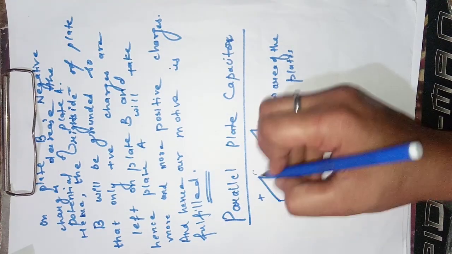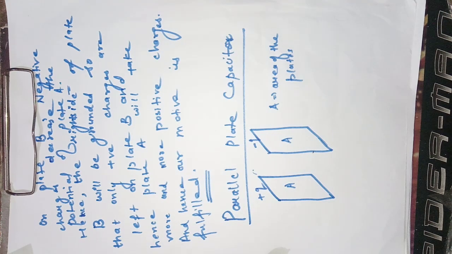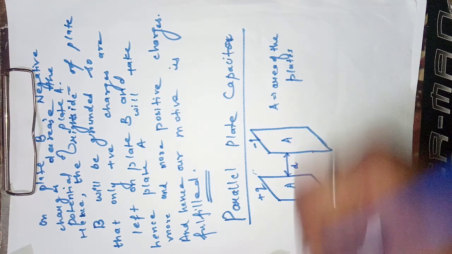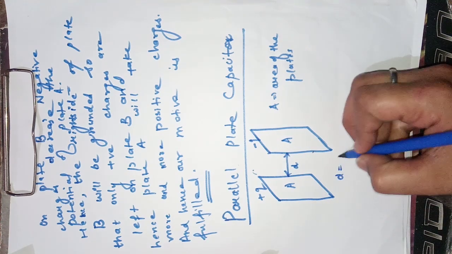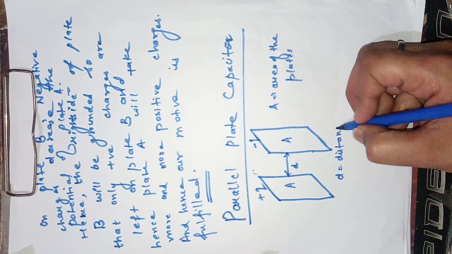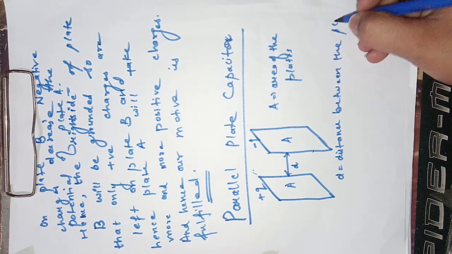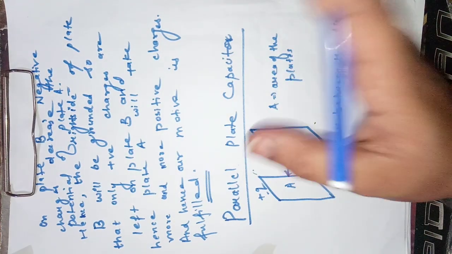One plate is having the charge plus Q, another plate is having the charge minus Q, and suppose the separation between them is of distance D. So D is the distance between the plates, and plus Q and minus Q are the charge on the two plates respectively.